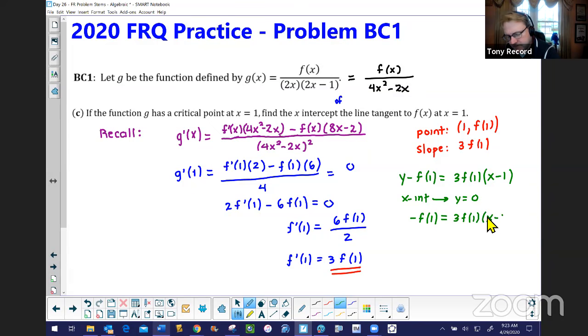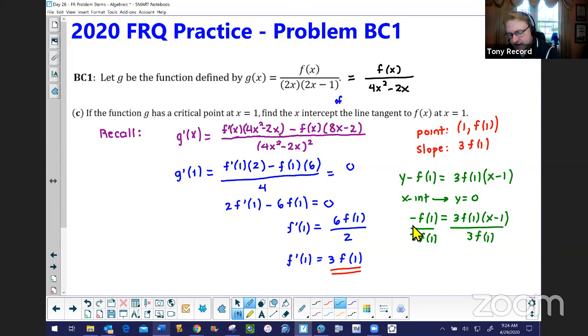Replace the y with 0. And then this x value at which that occurs can now be solved for. It's a very cool problem. If we divide both sides by 3 f of 1, you can see what's going to happen here algebraically, right?